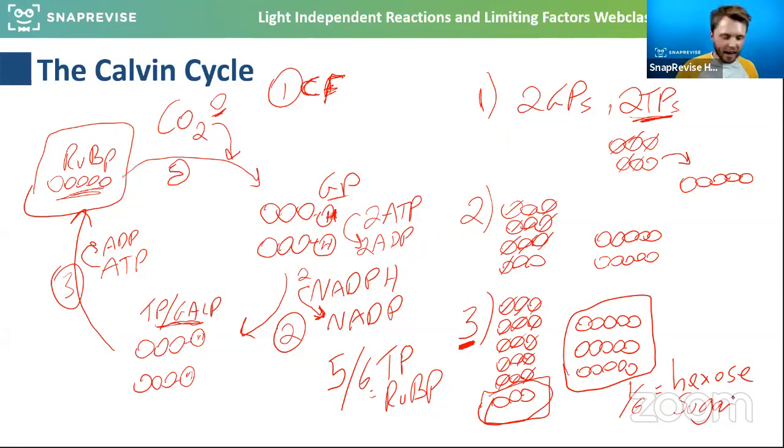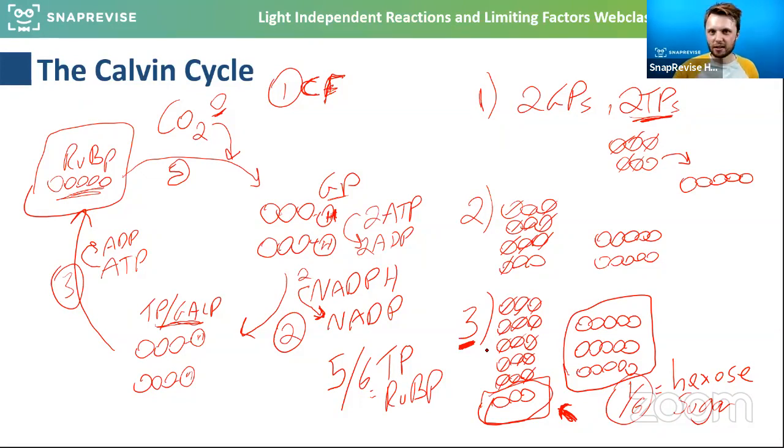The only added complication to this, and I know it's already quite complicated, is that a hexose sugar is made of 6 carbons. And if I only have 1 TP molecule left, look, here it is, it only has 3 carbons in it. So to make this process work, as opposed to doing 3 cycles, I actually need to do 6.